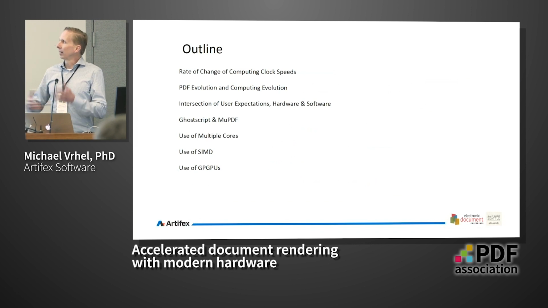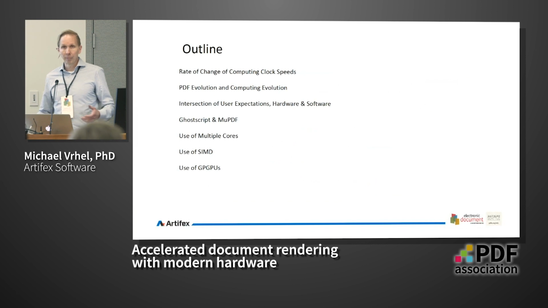We'll briefly discuss what our user expectations are when viewing documents and how that affects the software that's used for that. And since we want to talk about doing accelerated rendering, mainly using parallel programming methods, I'm going to talk briefly about two open source projects, Ghostscript and MuPDF.